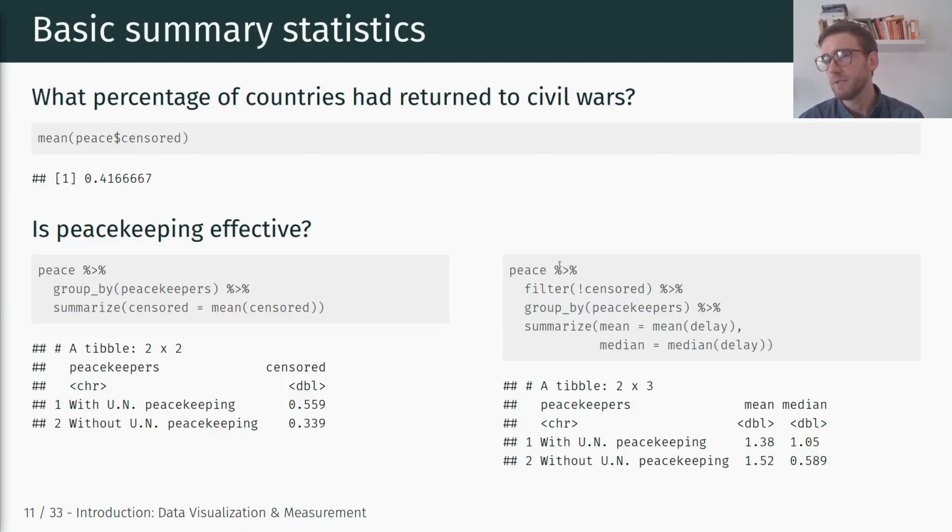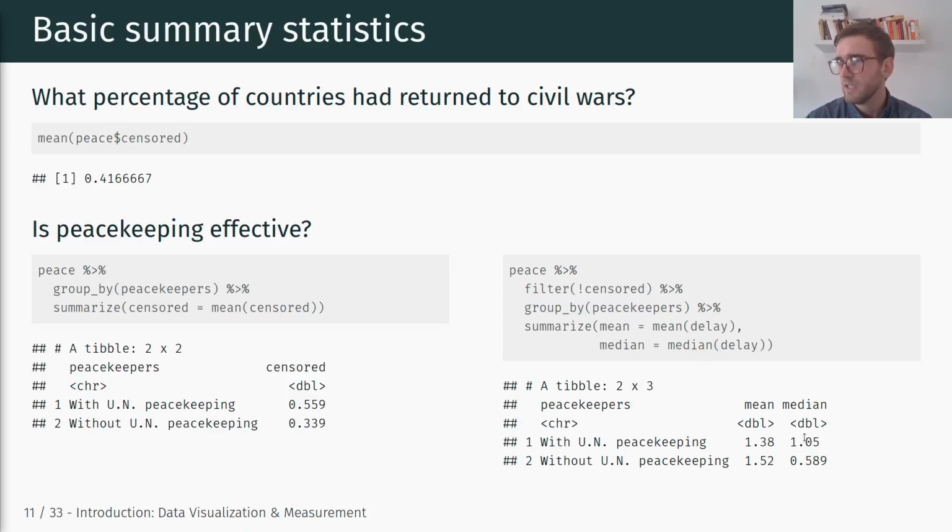In order to examine this, we again look at our peace data frame. We filter only observations that were not censored, so only observations where we know that civil war broke out again. We again group by peacekeepers, so whether or not a UN peacekeeping mission was present. And then again, we use the summarize command to compute the mean of the delay variable that we computed and the median of the delay variable that we computed.